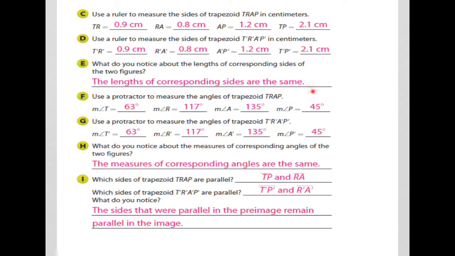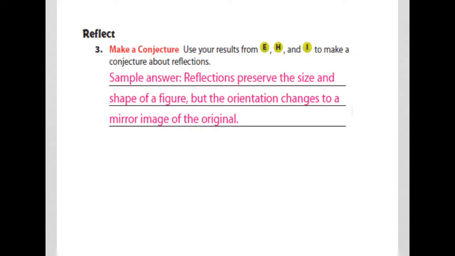So not only is the length the same, the measure of the angles is the same, and the sides that were parallel are the same. So what conjecture can we make? Well, here's a sample one, what the author says: that reflections preserve the size and the shape of the figure, but the orientation changes to a mirror image of the original.